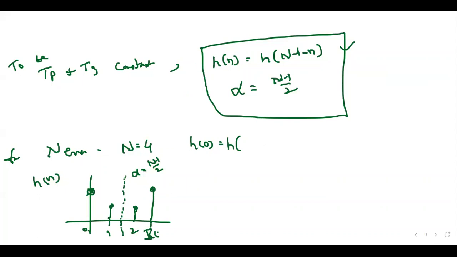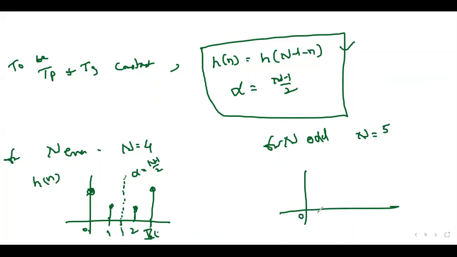Suppose, for example, this N value is not even, it is odd. Then for N odd, for example, take N equal to 5 samples. This has 5 samples: 0, 1, 2, 3, 4. Take this as the first sample and the second sample. From this equation, h of 0 must be equal to h of 4. You can see this: 5 minus 1 is 4, minus 0 is 4. Similarly, h of 1 is equal to h of 3.